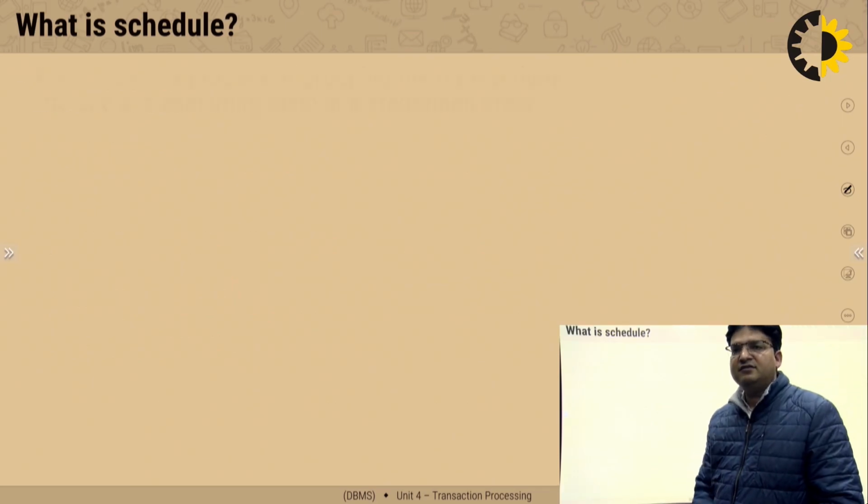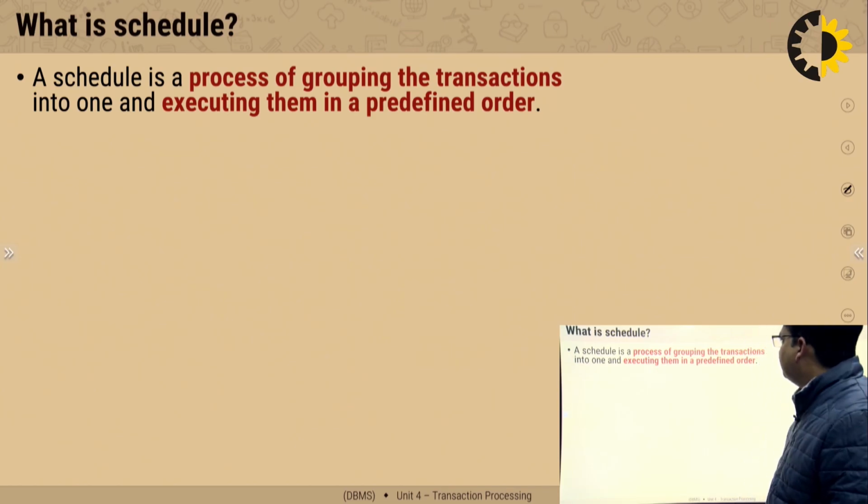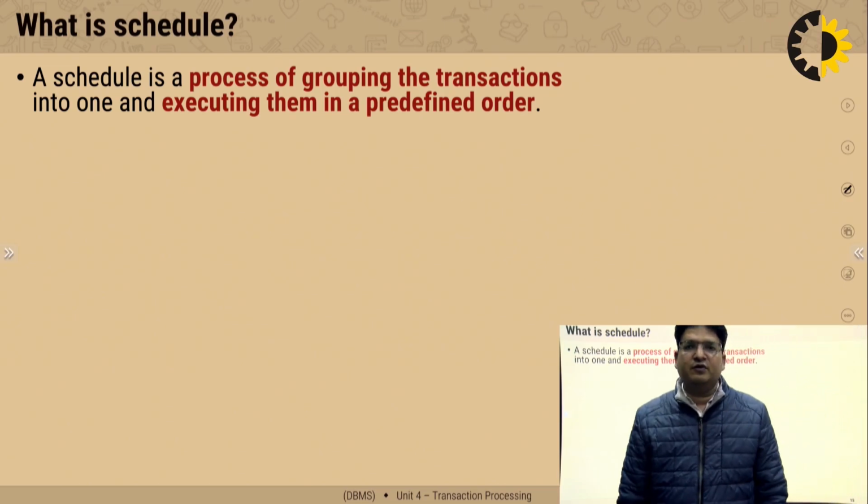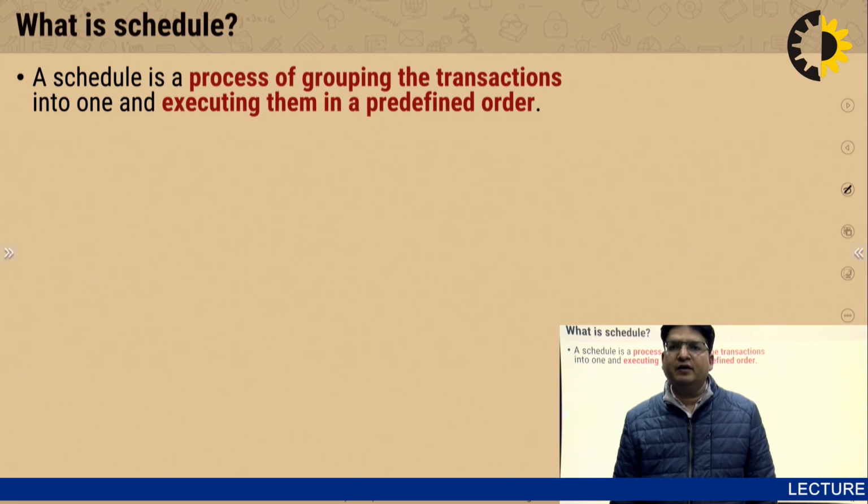Next are schedules. A schedule is the grouping of transactions into one and executing them in a particular order. That is, a schedule is nothing but a chronological ordering of the instructions, the steps in which the instructions will be executed.